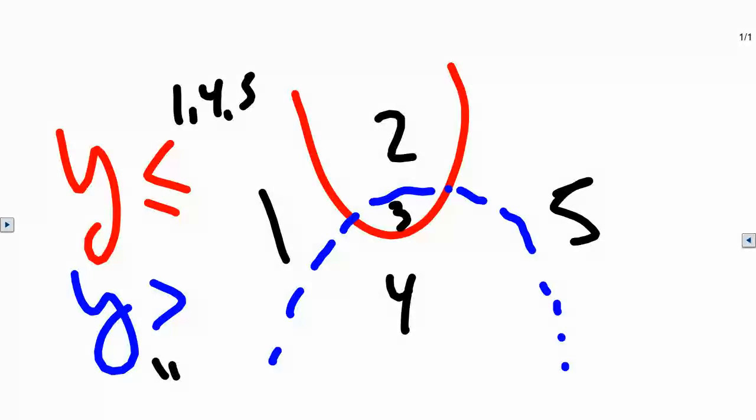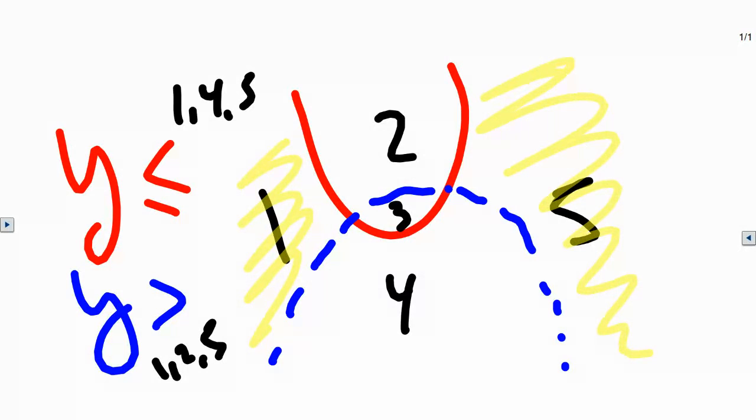So 1, 2, and 5 must be above it. So if I look and see where they intersect, I've got region 1 and region 5. 2 is only above the blue one, and 4 is only below the red one. So the way I would graph this one, or the way I'd shade it, would be region 1 and region 5, because they're in both graphs.